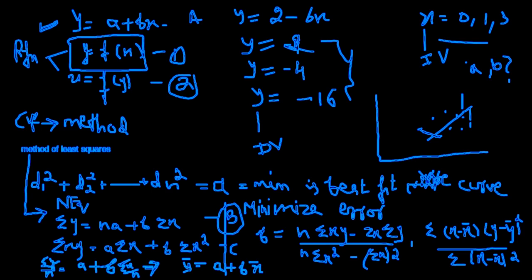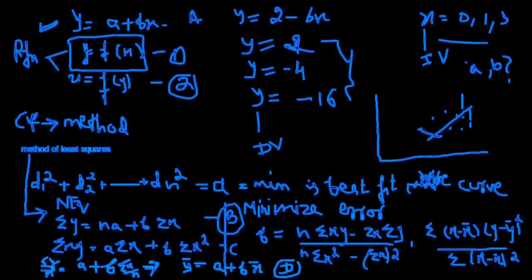So let it be my another equation D. Now, if I subtract equation number A and equation number D, what are you going to have? Tell me. Subtract equation number A with equation number D. What are you going to have?